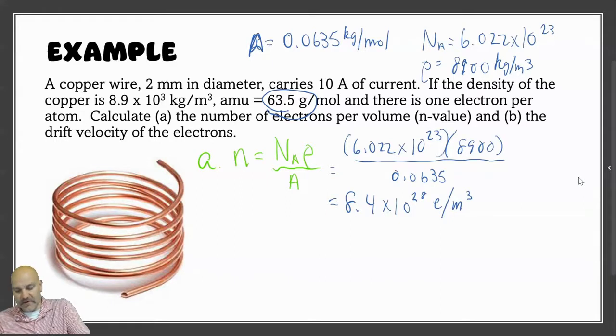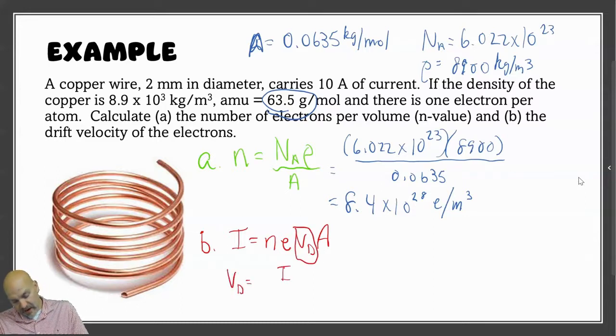That's what we're going to use in our drift velocity equation, which is going to be, so part B, I equals NE V sub D times A. And so we're going to solve this for V sub D. Now this A, that's our cross-sectional area, not our atomic mass unit.